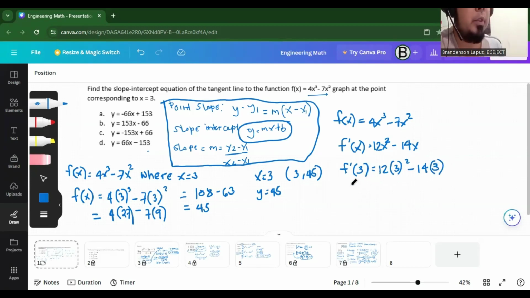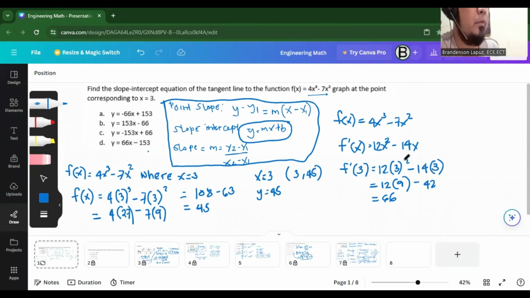So that would be equal to 12 times 9 minus 42. 12 times 9 is 108, and then 108 minus 42, that would be 66.